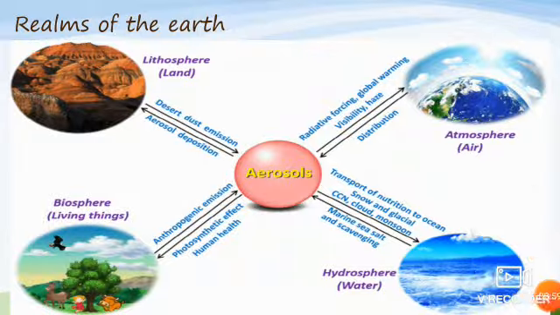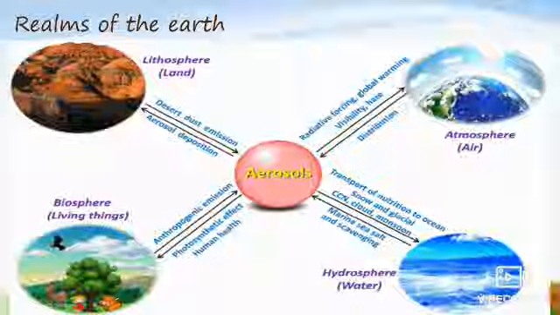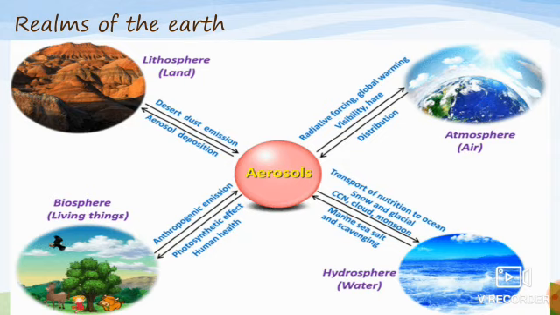First, lithosphere. The word litho is derived from a Greek word which means land and rock. The lithosphere is the land on which we live. It is the solid outer layer of the Earth consisting of rocks and soil.